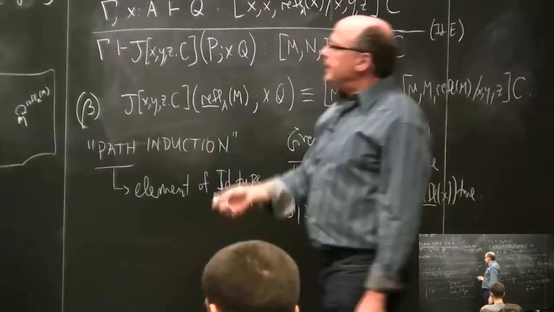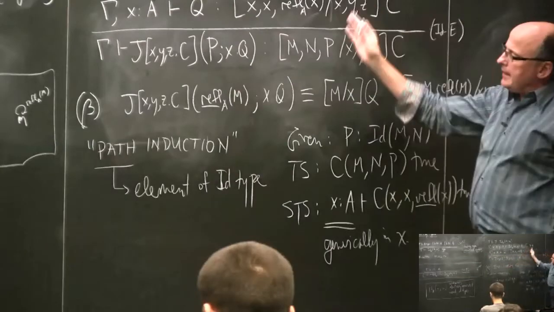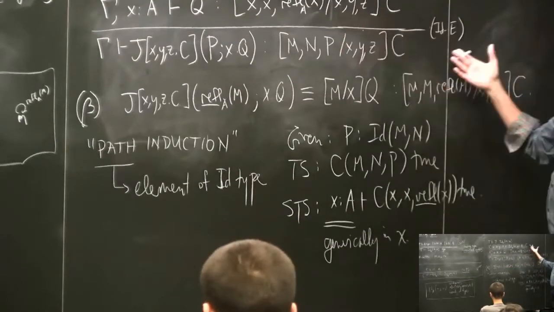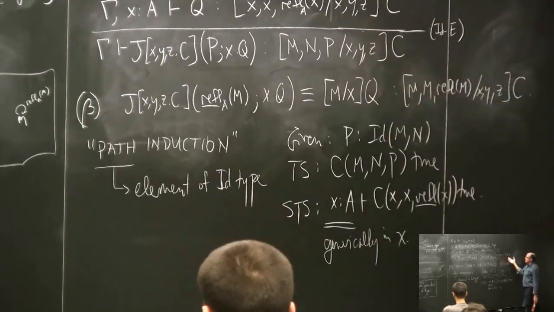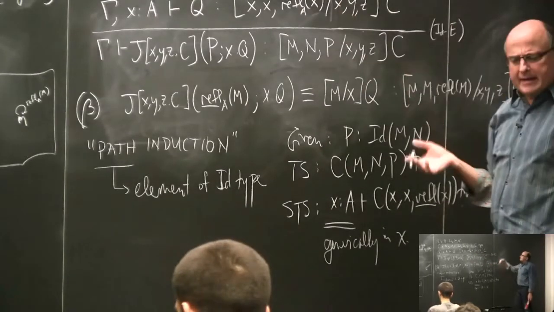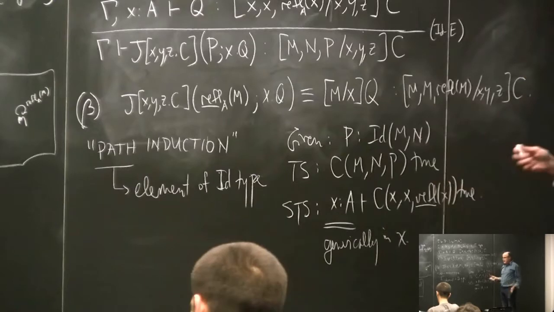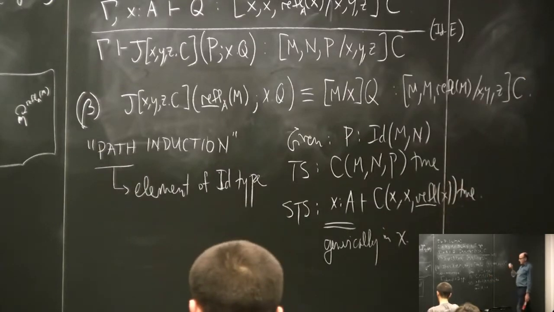And the only intro rule is reflexivity, and you can kind of feel that what I'm doing here is inverting the introduction rule to say something in general about any path by reasoning about reflexivities. That probably feels good at a high level, and should feel natural given everything we've said so far.